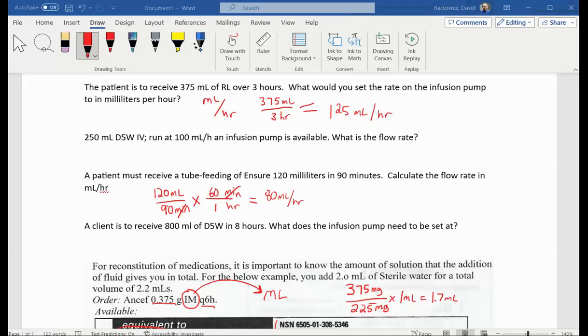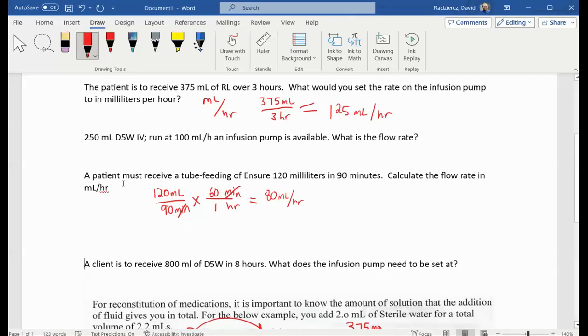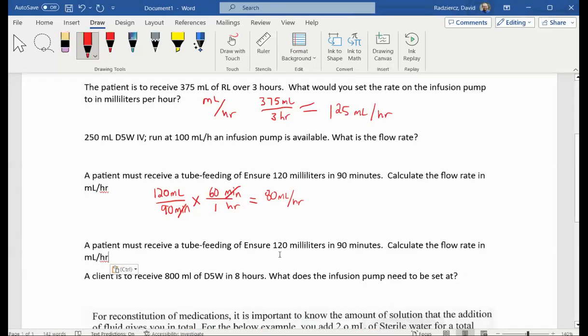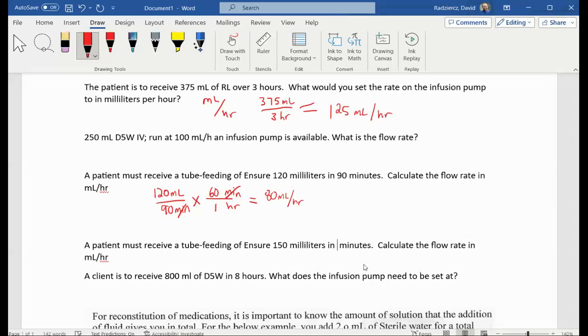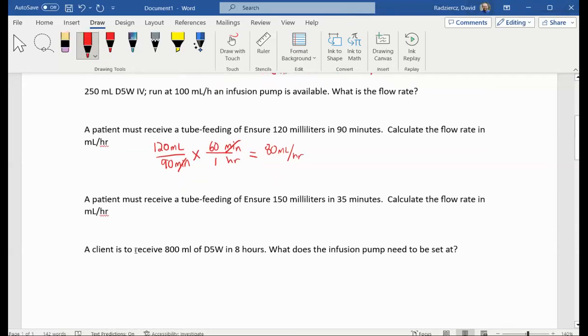I'll give you another example just because this will be helpful to see. So let me just do this right now. If I come in here and let's say it's 150 milliliters, and let's just do 35 minutes. I don't even know if this is going to work out properly, but that's okay.